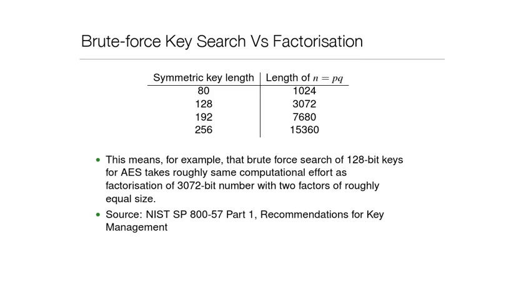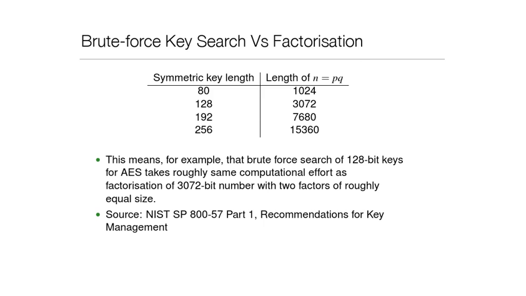This is some information about brute force key search and factorization. For example, if we have a symmetric key of length 80, doing a brute force for this key length is similar to factorizing a number of this much, 1024.